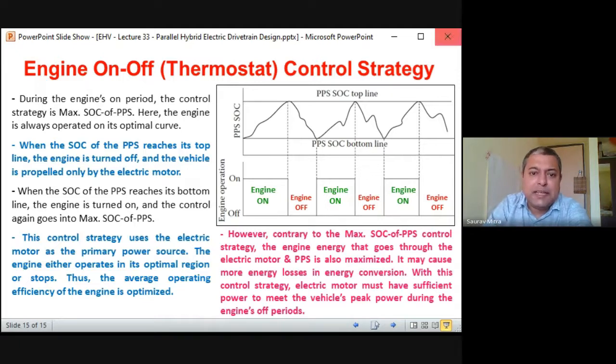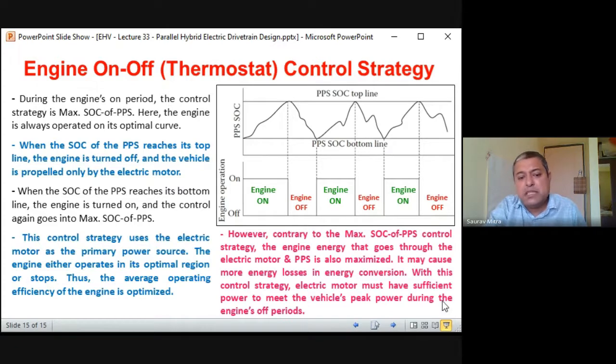In these discharge paths, the PPS charge is continuously reducing. So we have to see that even if the PPS is charged between 70 to 100%, the motor is able to supply the maximum load which is required by the vehicle. So the last line is very important. With this control strategy, the electric motor must have sufficient power. The electric motor is being powered by the PPS.